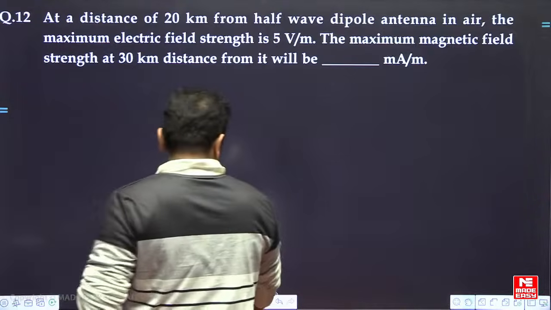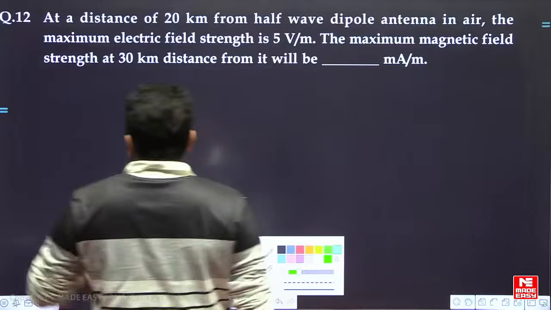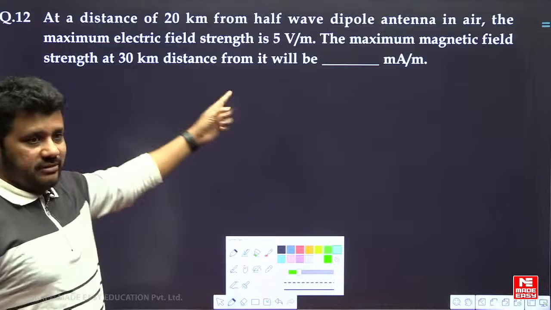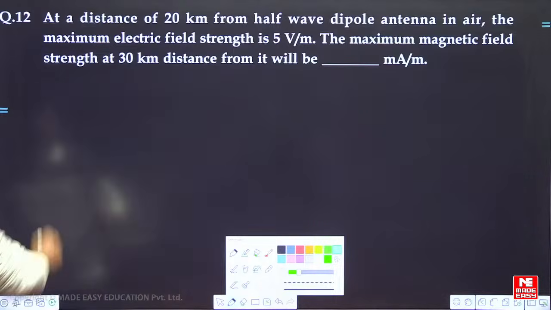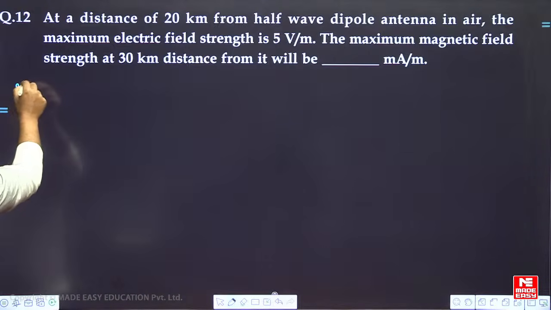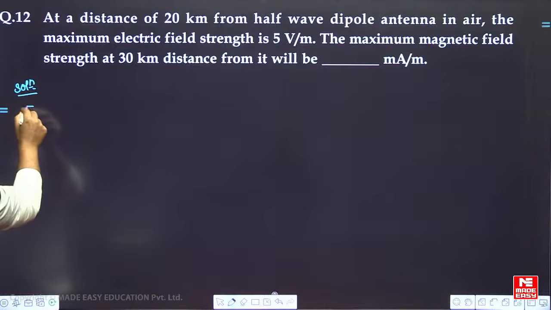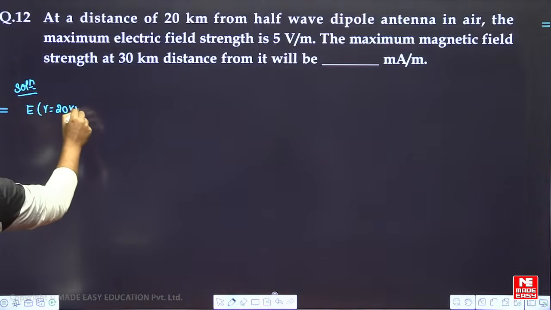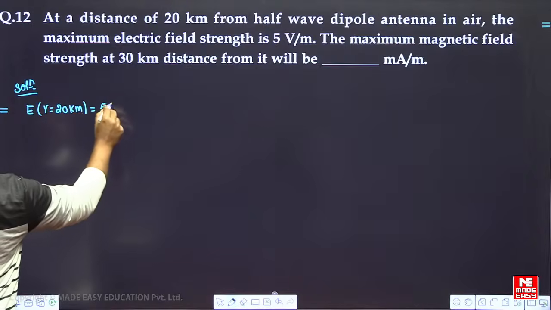So let me summarize the question here. It is saying that the electric field at a distance r equal to 20 km from a half wave dipole is 5 volt per meter.